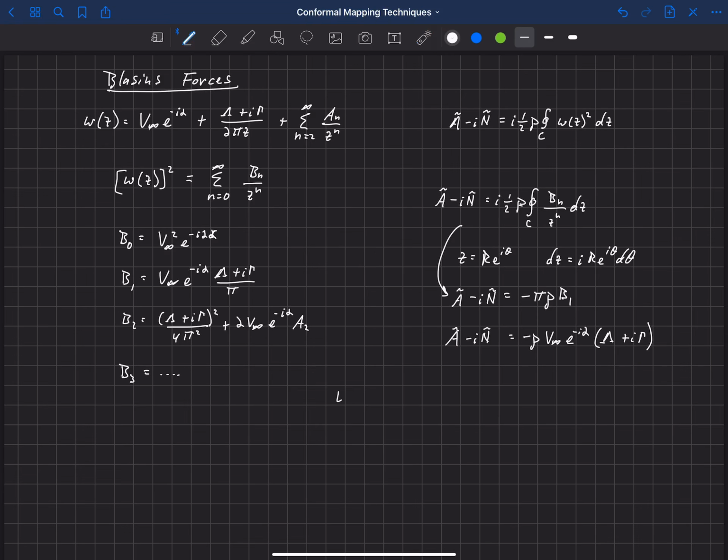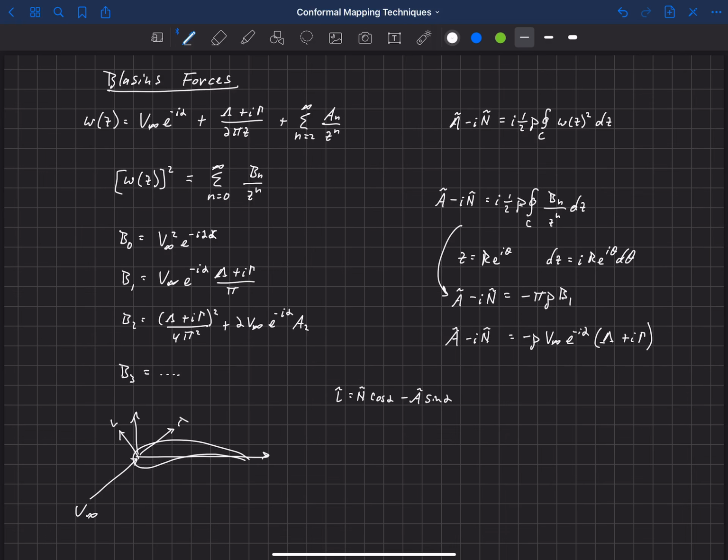So we know that the lift is equal to N, the normal force, times the cosine of alpha, minus the axial force times the sine of alpha. That's just a simple change. If we look at the lift on an airfoil, we've got the lift in this direction if the velocity is coming in this direction.